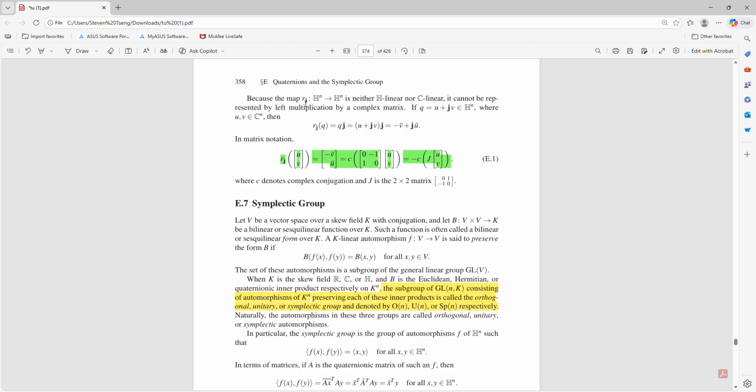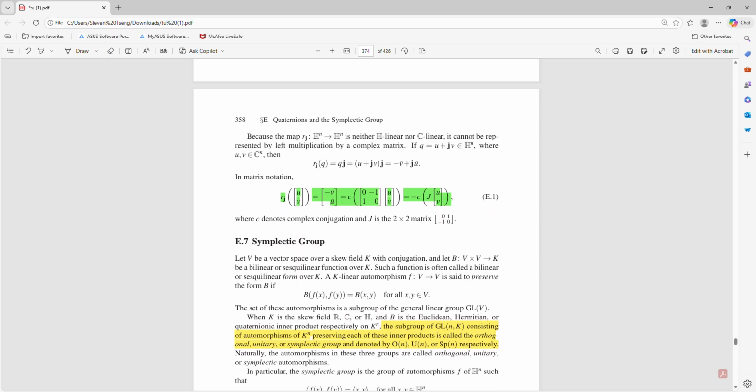Okay. Next, by the above property, because R_j is neither H linear nor C linear, it is easy to check, and so it cannot be represented by left multiplication by a complex matrix.